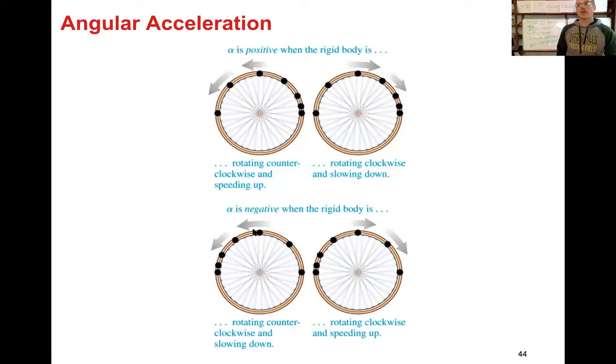So the way we're going to work that with angular acceleration is that it's going to be positive if you're rotating counterclockwise and speeding up, or if you're rotating clockwise and slowing down. It's going to be negative if you're rotating counterclockwise and slowing down, or rotating clockwise and speeding up.